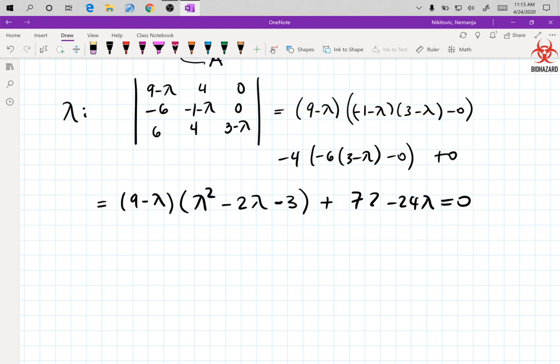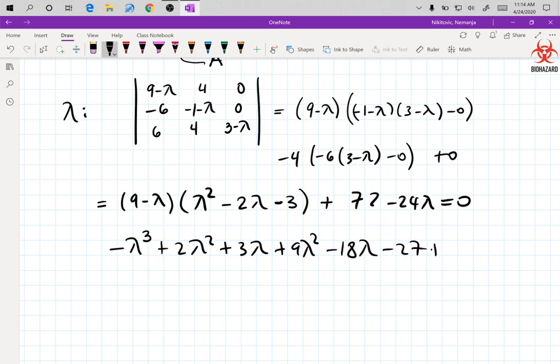All right. So now we need to FOIL all of this mess. Multiply by negative lambda first: negative lambda cubed plus 2 lambda squared plus 3 lambda, and now by 9: plus 9 lambda squared minus 18 lambda minus 27 plus 72 minus 24 lambda equals 0. A little bit of a mess over here to solve all of this.